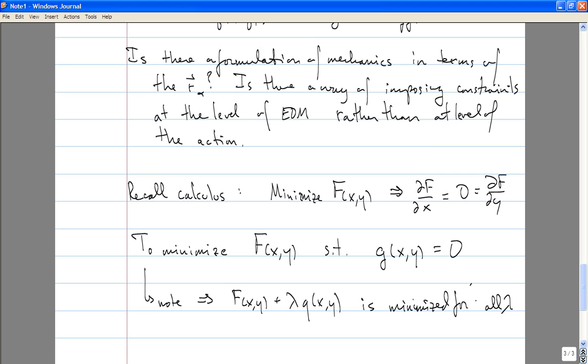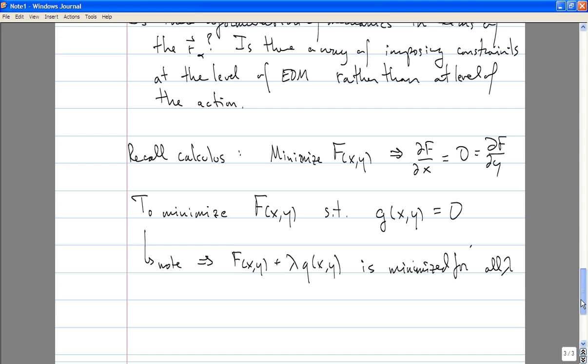Right? Because if g is equal to 0, then f plus lambda g is just f. So I can then treat this linear combination as the quantity that I want to minimize. And I see that I have to take the derivative of f with respect to x plus lambda times the derivative of g with respect to x and set it equal to 0. And I also must take the y derivatives and set them equal to 0.